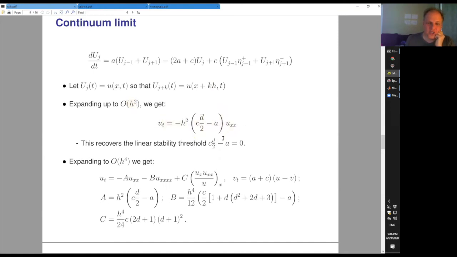Now, I've written this diffusion equation in a kind of funny way. Let's just say c is equal to 0, then you don't have any of those terms. That just corresponds to the usual diffusion equation, u_t equals h squared times a times u_xx, which is a forward diffusion equation.